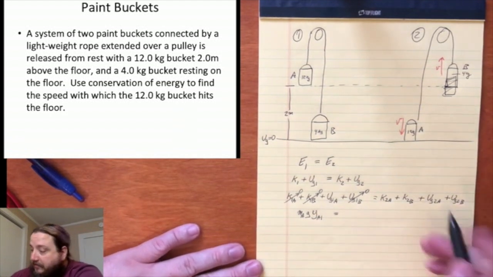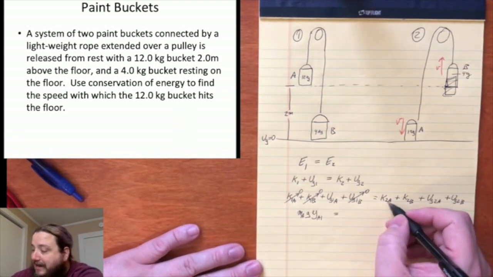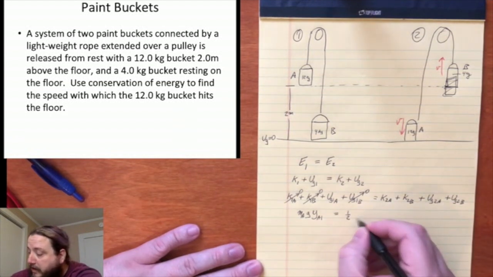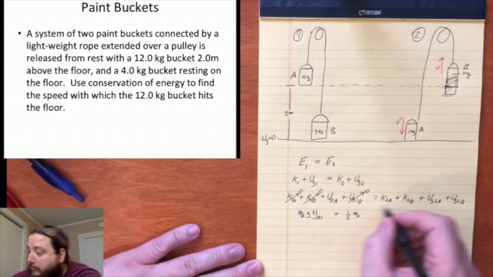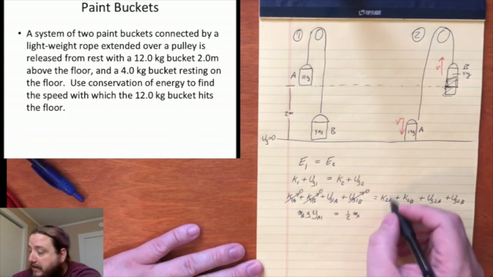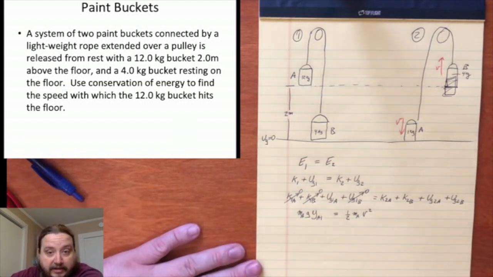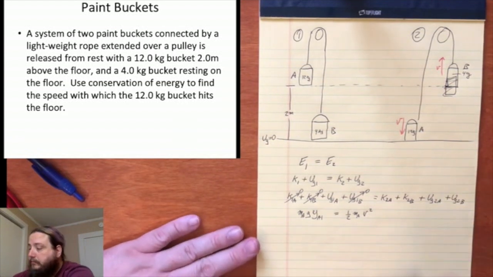On the right-hand side, the kinetic energy of bucket A at moment 2, sorry, moment 2, that's going to be 1/2 the mass of bucket A times the speed squared at which bucket A is moving, so v squared. And indeed, this v is what we're looking for.